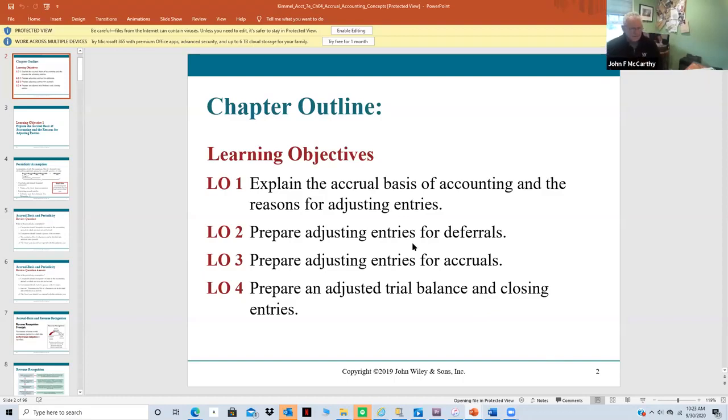Okay, we're going to talk about adjusting entries this chapter. In chapter 3, we talked about basic recording of journal entries, like when we pay for prepaid insurance in advance. We debit that as a prepaid asset, credit cash, or maybe credit accounts payable if we paid for it on account.